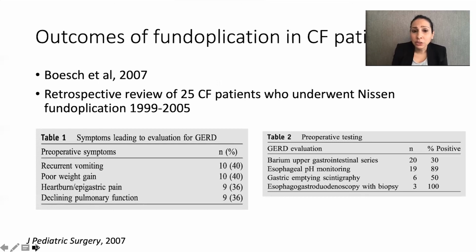The symptoms leading to evaluation for GERD were preoperative symptoms such as recurrent vomiting, poor weight gain, heartburn or epigastric pain, and decline in pulmonary function. And preoperative testing involved an upper GI series, esophageal pH monitoring, gastric emptying scan, and an endoscopy with biopsy, which interestingly was only done in 3 of the patients.